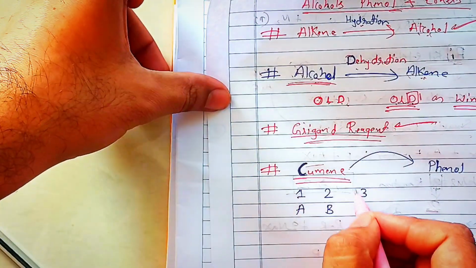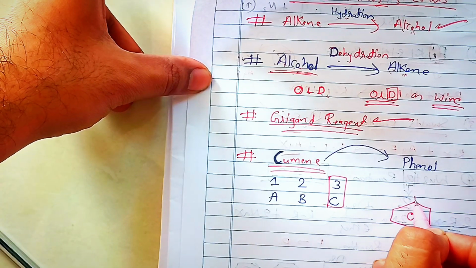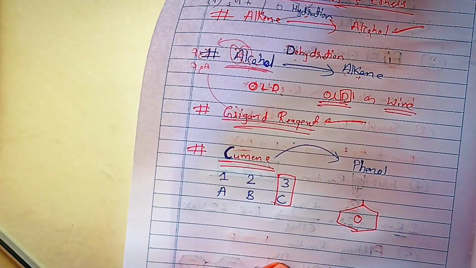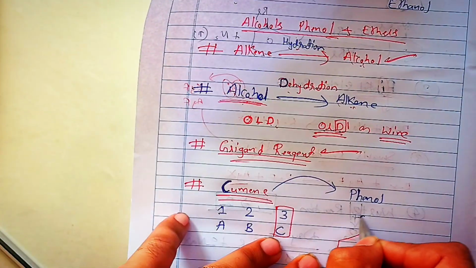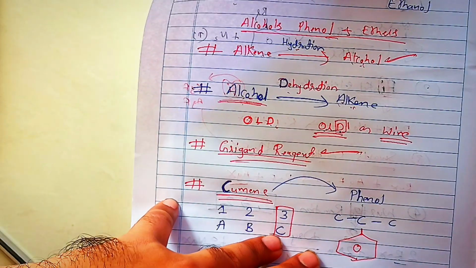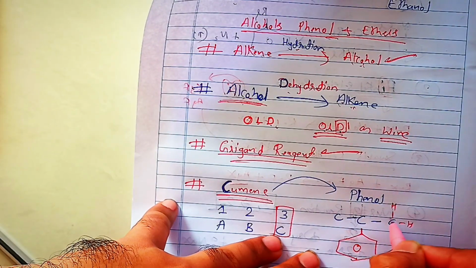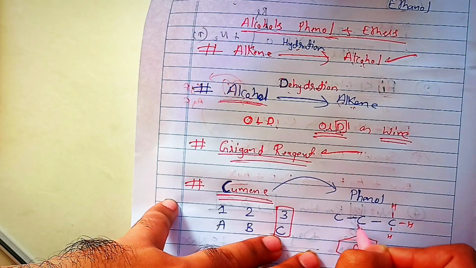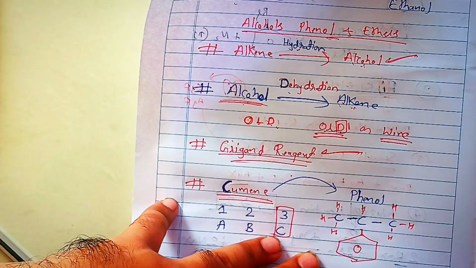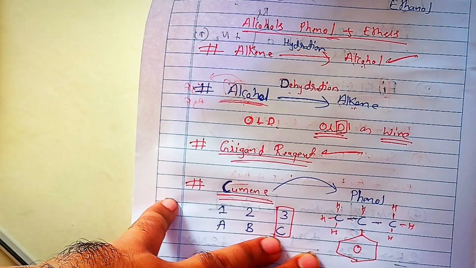So in the third position there will be C. So in the benzene ring we have to add 3 carbons, and we have to satisfy the tetravalency. 1, 2, 3, 4, 1, 2, 3, 4, 1, 2, 3, 4.